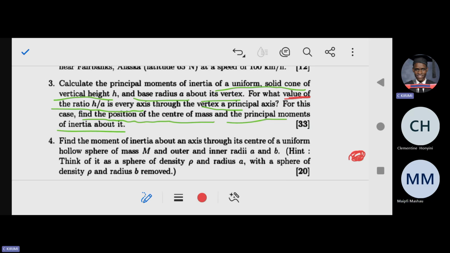Axis. So every axis through the vertex is a principal axis. So you need that value of h over a. So if you're not having h over a in your equations, or anything that is related to a and h, and you replace it with r, then how are you going to get the answer of that ratio?